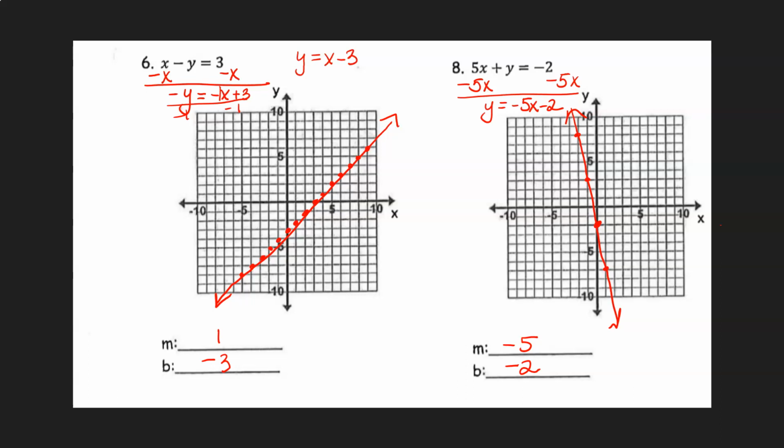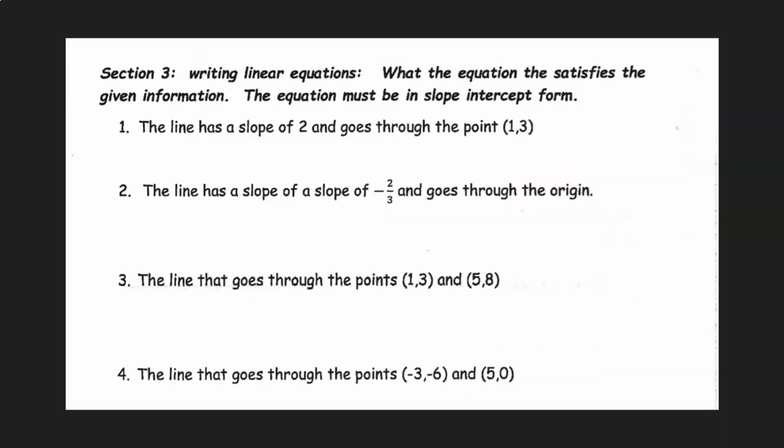Let's see. All right, there's a couple tough ones in here. Writing linear equations. This should be write the equation that satisfies the given information. The equation should always be in slope-intercept form. And we know that's this, y equals mx plus b. The line that has a slope of 2 and goes through the point 1, 3.